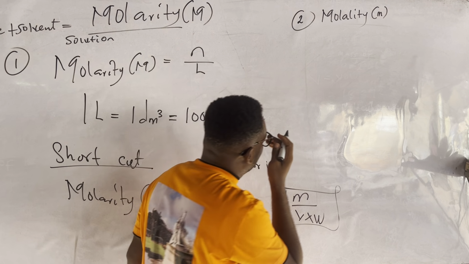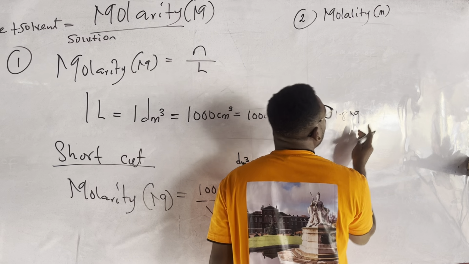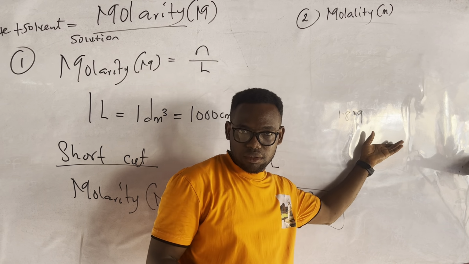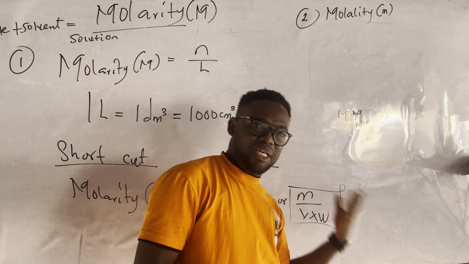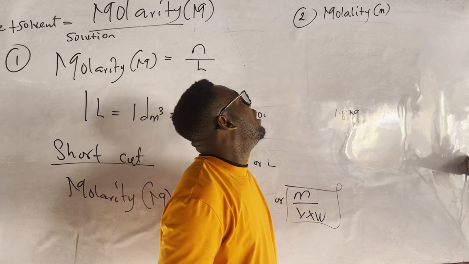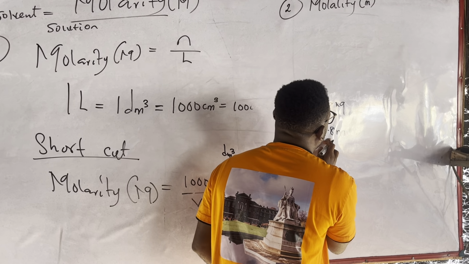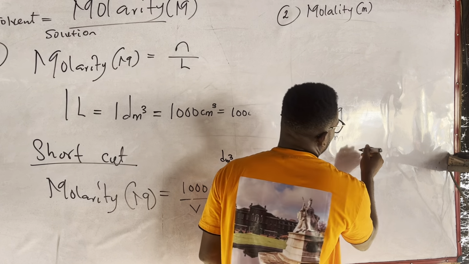When we write something like this in chemistry, maybe 1.8 capital letter M, we pronounce this as 1.8 molar, which means the molarity of the solution is 1.8. But when we write 1.8 small letter m, we usually call this one 1.8 molal.